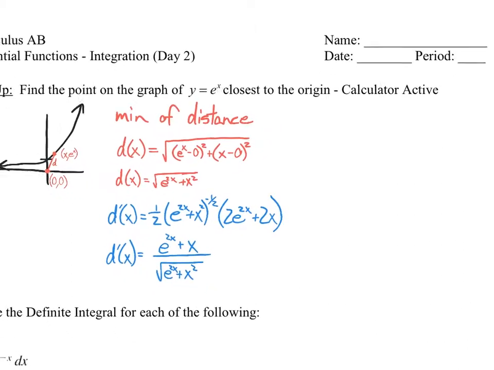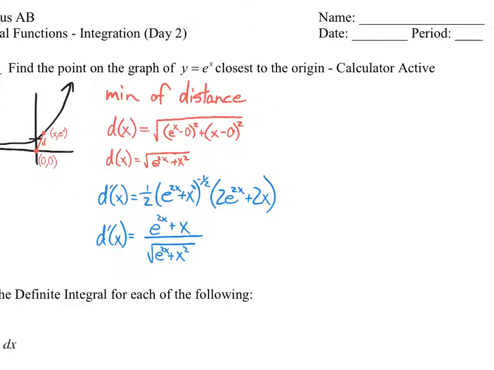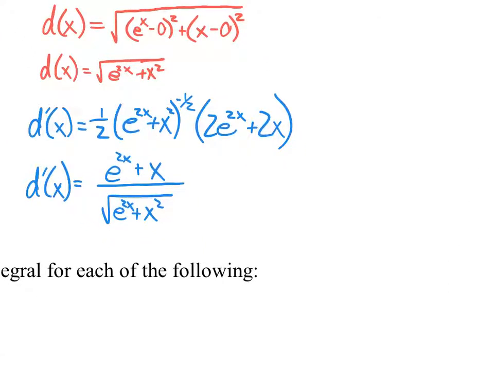Now, notice it says here, calculator active. That's because if I'm setting this equal to 0, we're going to get a little bit stuck. The denominator, e to the 2x is always positive and x squared is always positive.